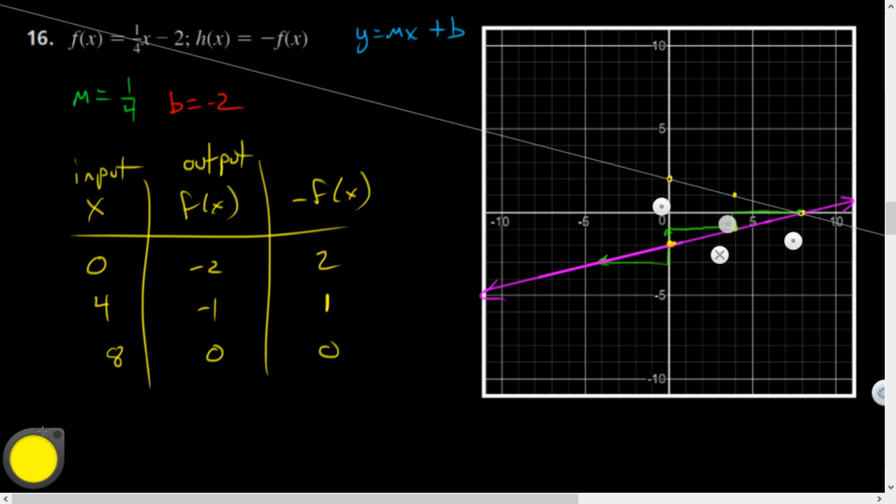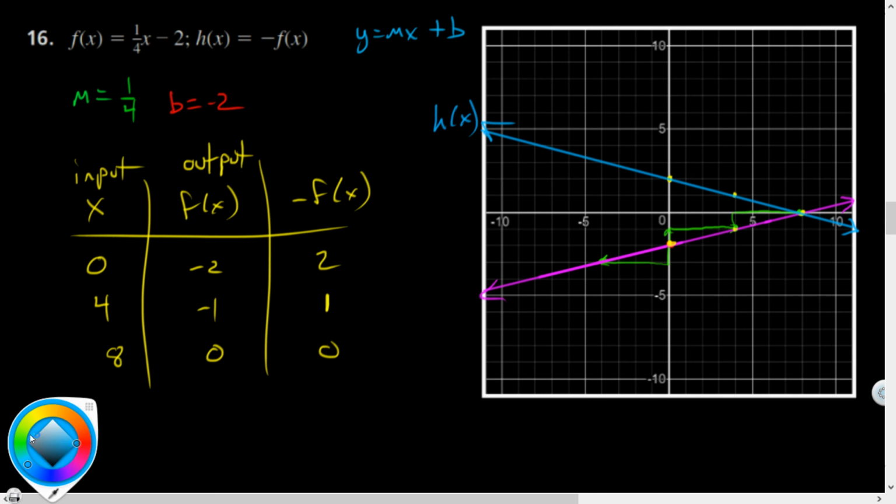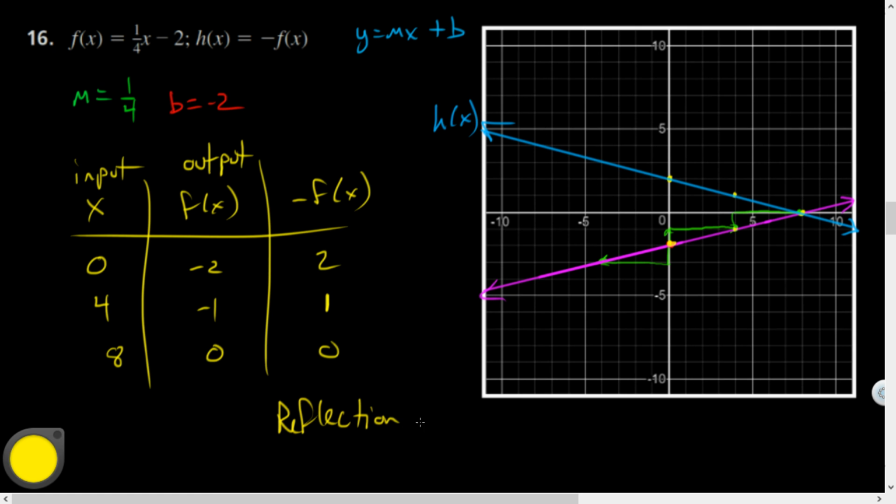So yes, Pooja's prediction was correct. It's going to be a mirror image over the x-axis. So that's h of x. So this is a reflection over the x-axis.